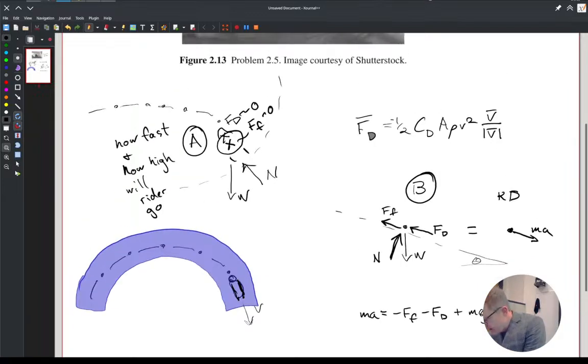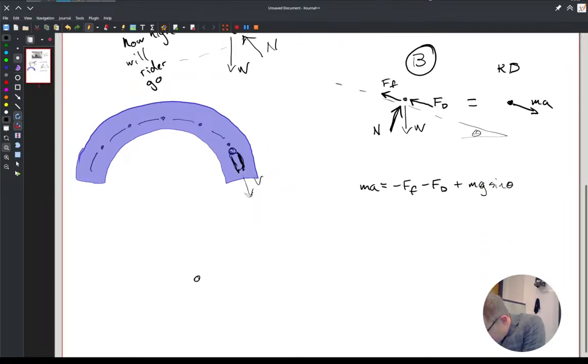And then same thing here. If I'm looking at this and mg, all that is going to be equal to mv squared over r.